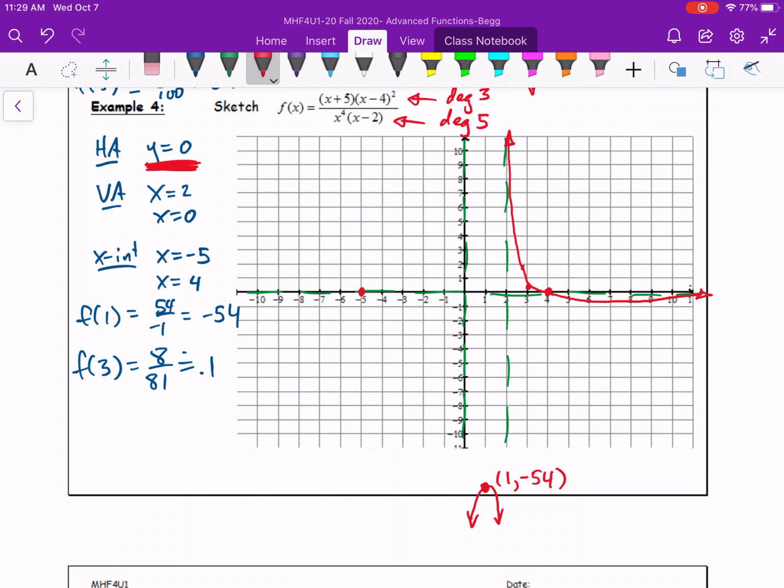Last thing, let's get one other point so we can see what's happening. So what if we were to pick -1 for an x value? If we do that, we get 100 over -3. So that's approximately equal to -33 1/3. So at -1, we got a point that's way down. It's off the graph, but it's coming up.